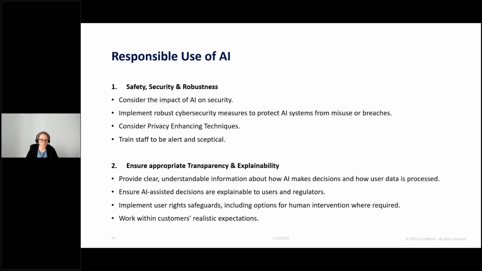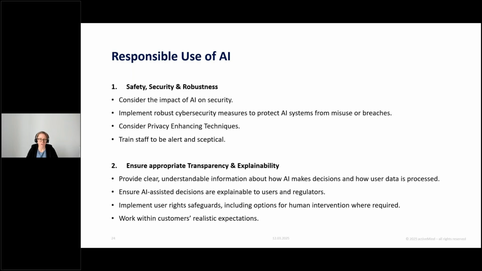So consider the impact of AI on security. Have you implemented robust cybersecurity measures to protect AI systems from misuse or breaches? Are you employing privacy enhancing techniques? For example, is data minimization taken care of?